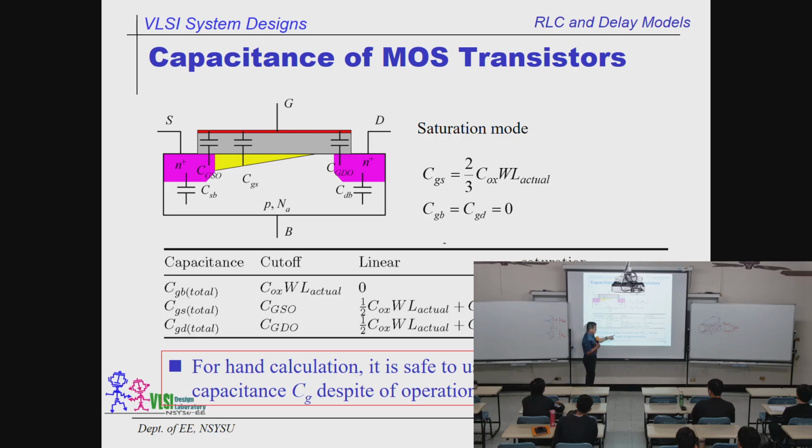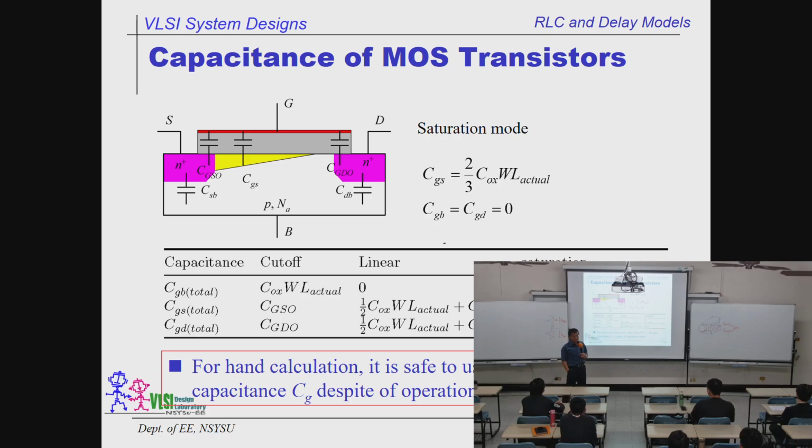So for hand calculations, it is safe to use this big number, WL, because this L is longer than the actual L. This is the full capacitance for the gate capacitance CG, regardless of operation mode. Because this number is larger than everything else in the table, why don't you use it?